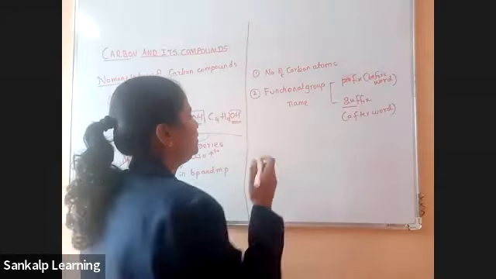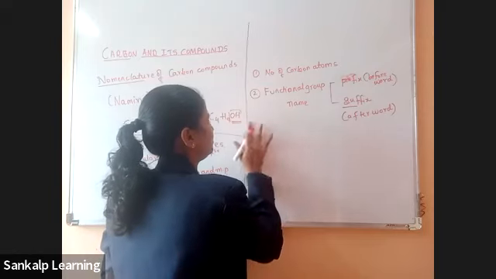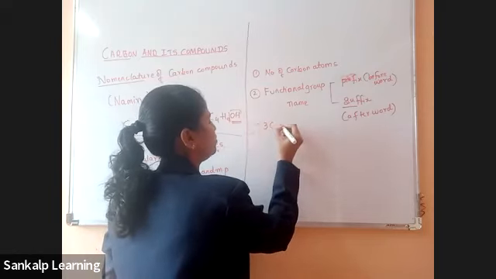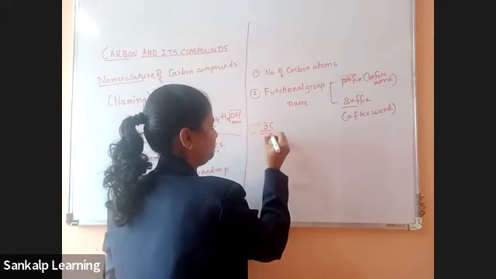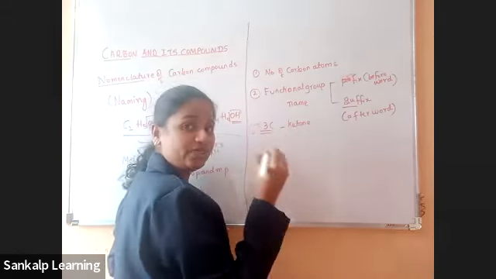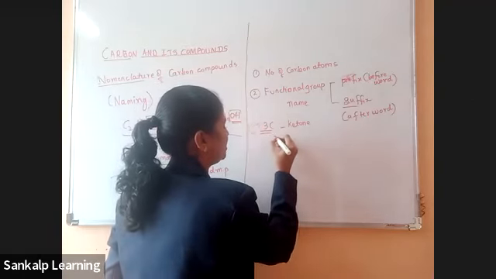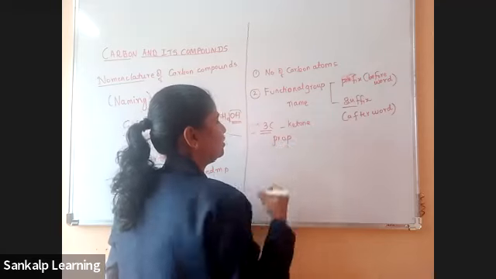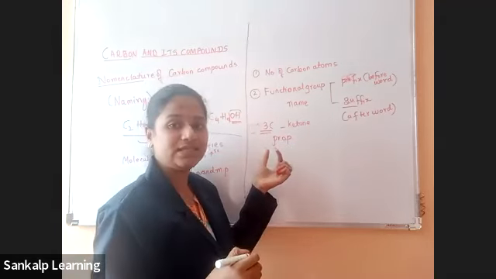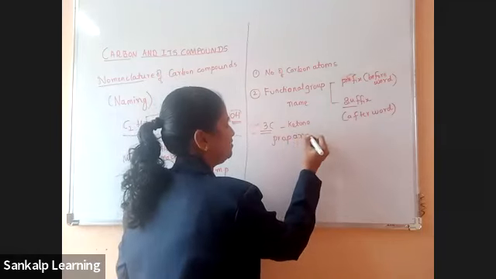For example, let us consider prop, a three-carbon compound, with the functional group ketone. Three carbon means prop, and as they are linked with single bonds, it will be propane.